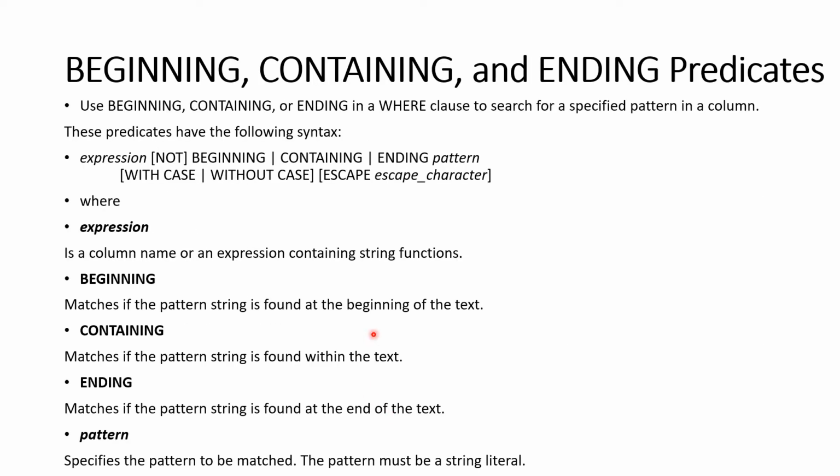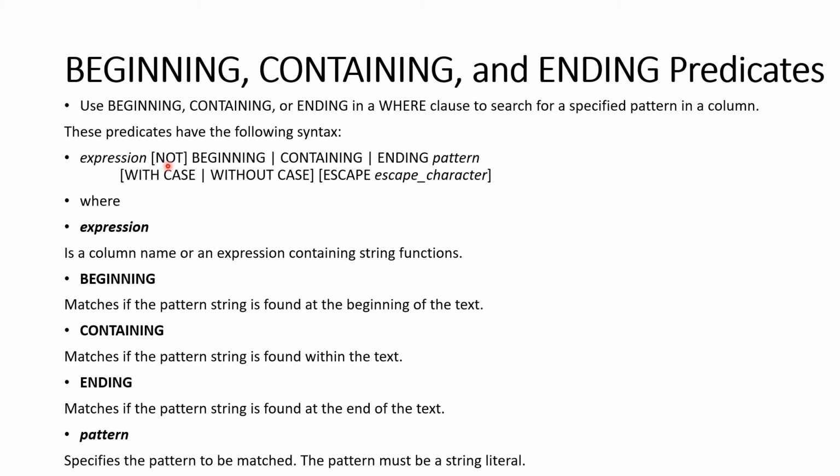Here is the next predicate of the like family: beginning, containing, and ending. Here we can use it like this: expression, not, which is not compulsory, but when we want we can use it, and if we don't want, we don't have to.